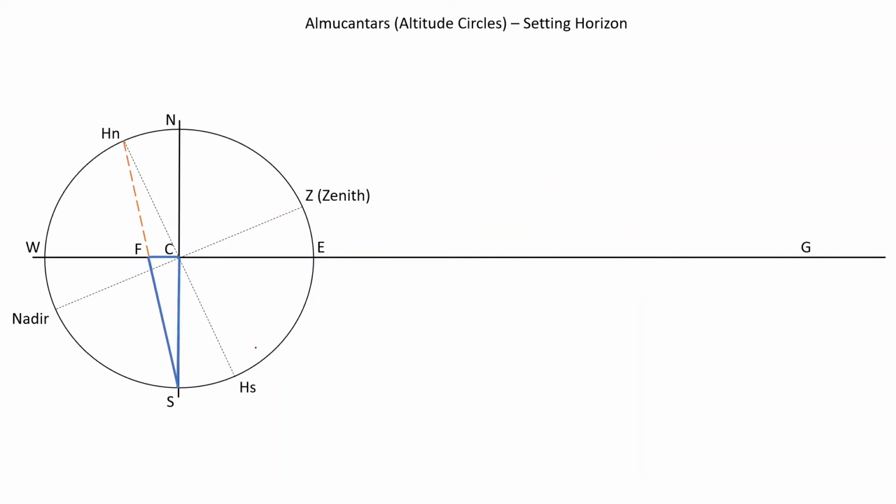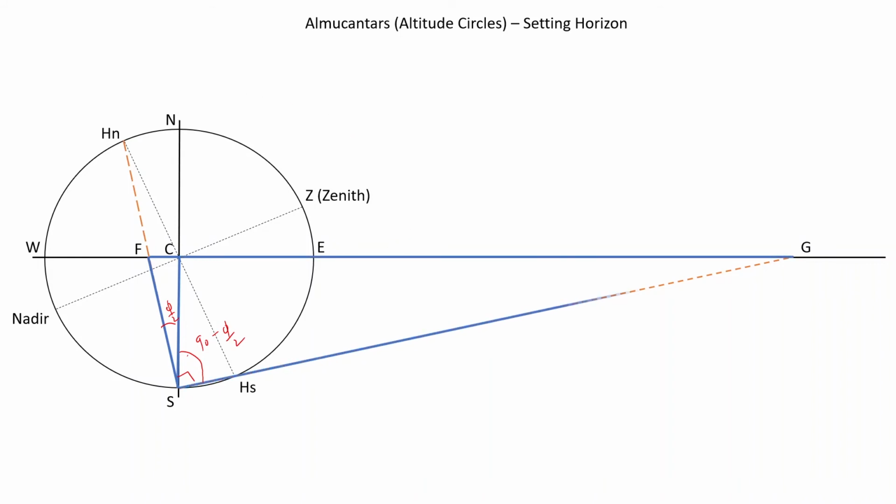Now extend another line segment from the south passing through the point of south horizon Hs to the equatorial line at point G. Therefore the triangle FSG is the right angle triangle. Now FSC is phi by 2, already found out. Therefore CSG will be 90 minus phi by 2.